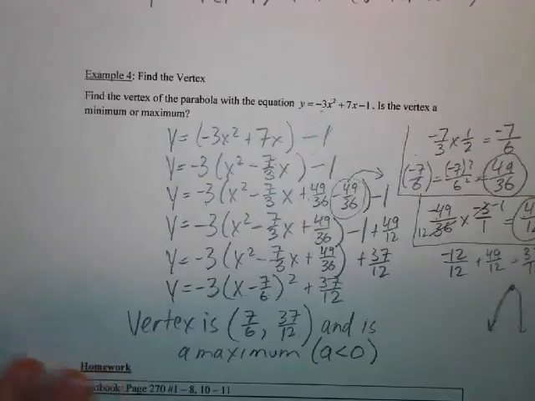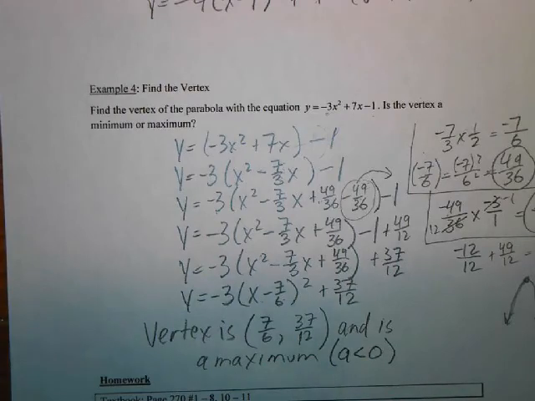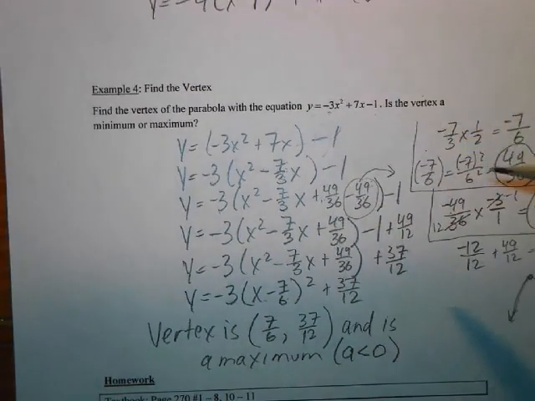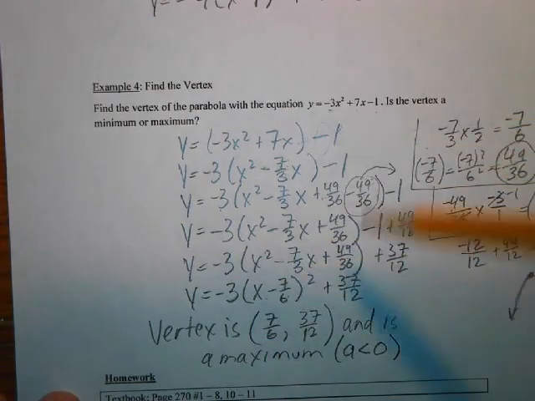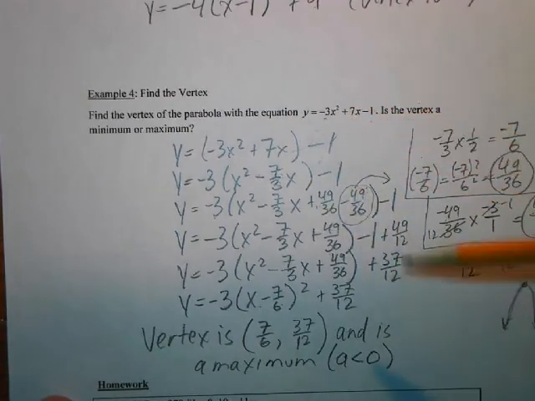Okay, so you've had 4 good examples there. 3 not so bad, and 1 a little bit trickier with fractions. I would say, most of the questions you're going to get, you won't have to work with fractions, but that's not always going to be true. You'll get a few questions that you'll have to handle the fractions.